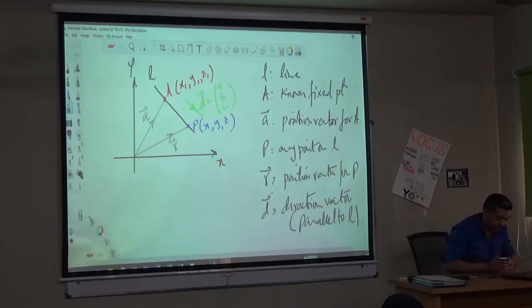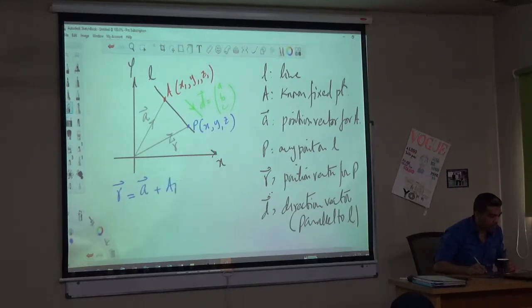Okay. Now by basic addition of vectors, can I say that this vector R is equal to A plus AP?